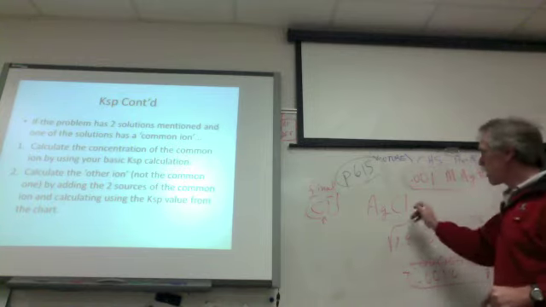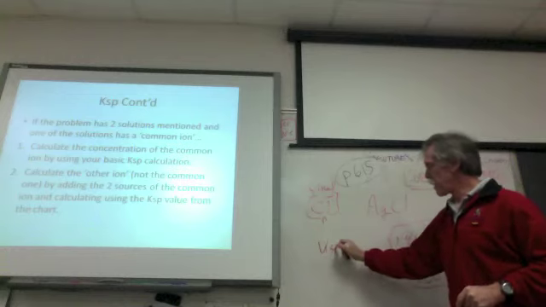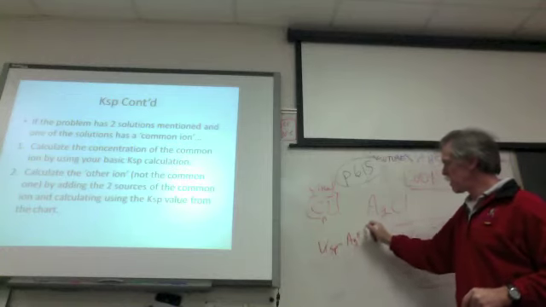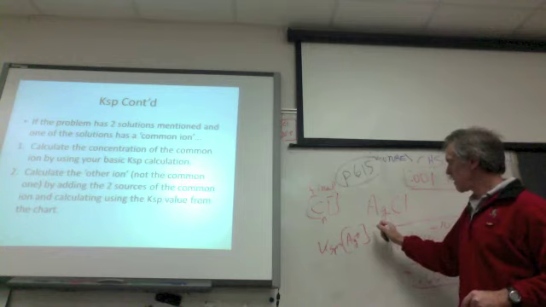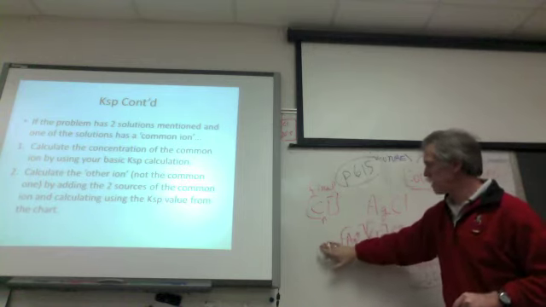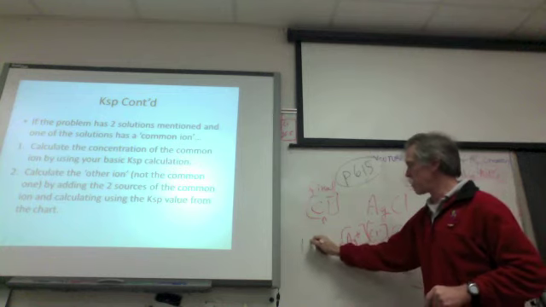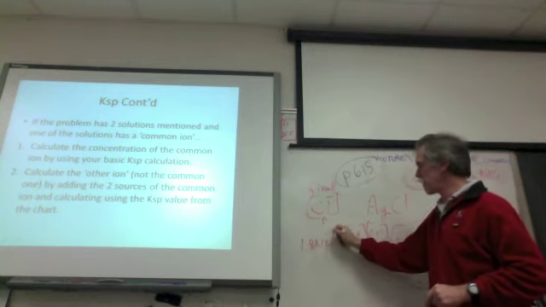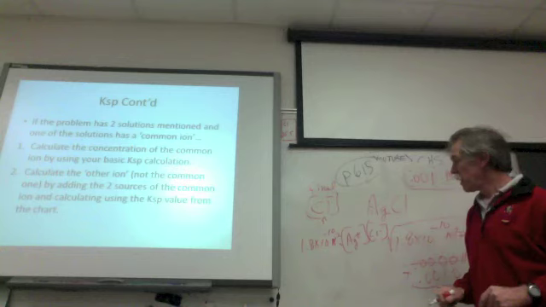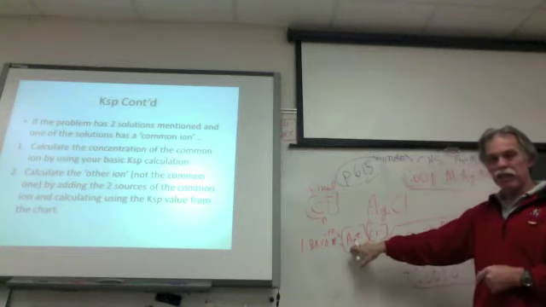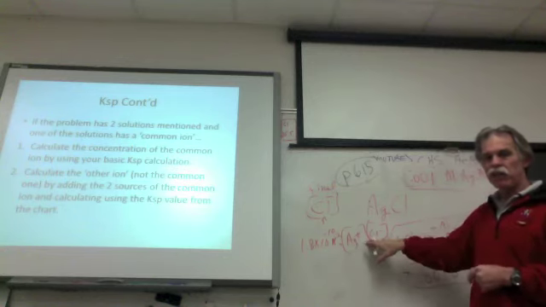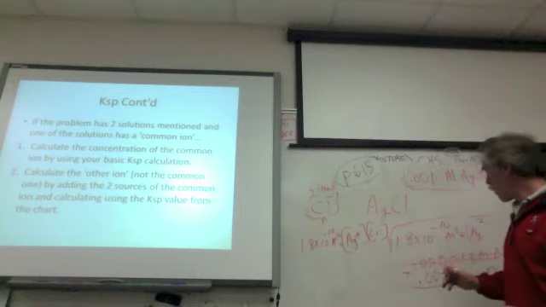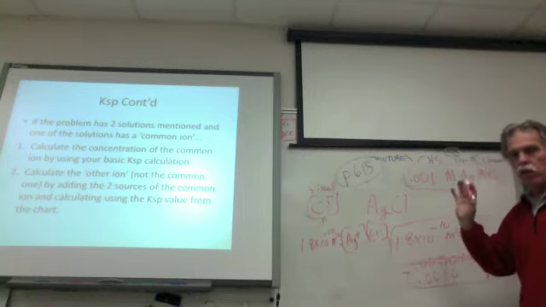Here's what you do. You write the KSP. KSP equals Ag plus times Cl minus. We're solving for the Cl minus. We know the KSP for this is 1.8 times 10 to the negative 10th molarity squared. So all we need is to plug the Ag in and solve for the Cl. Well, now we know that first source, don't even worry about it.